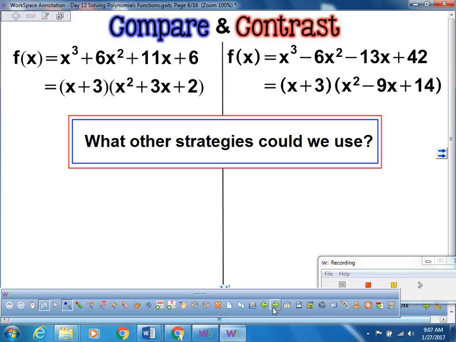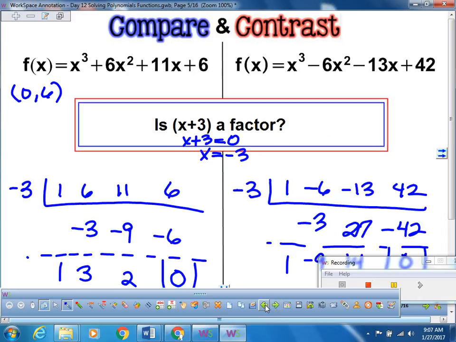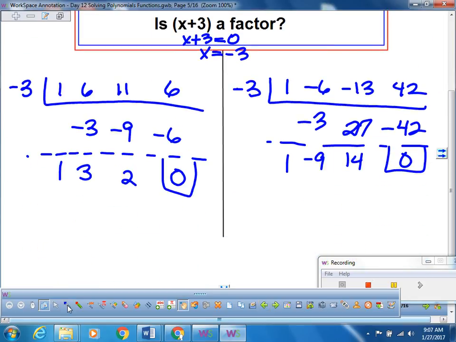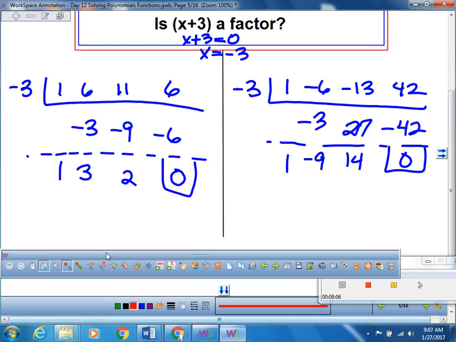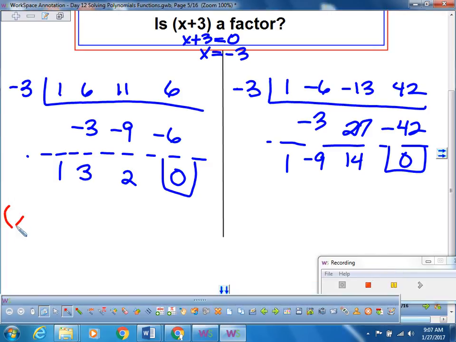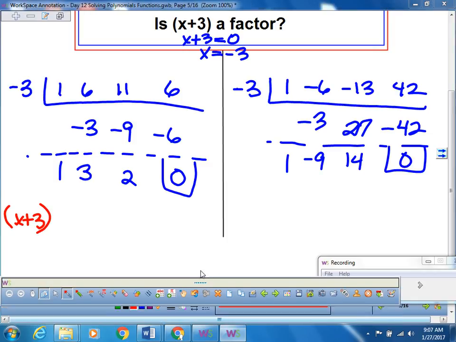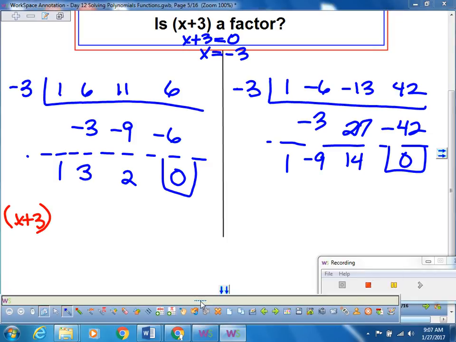Okay, so where did I get that trinomial? Let's look at this. Let's go back to this. Remember I told you, so we know that x plus 3 is a factor, right? Then from here, I can see, do you see the trinomial in there? It's right there in front of you.